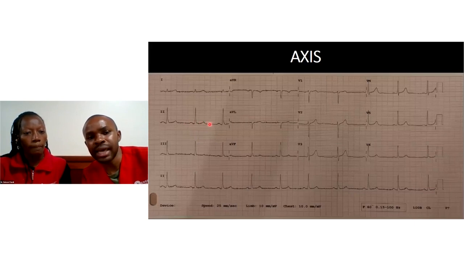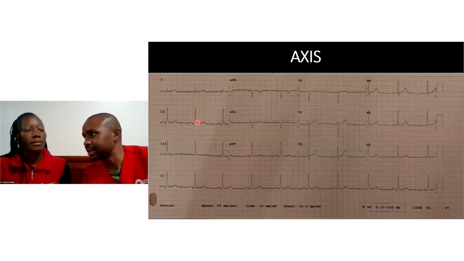And we can use that line to judge whether the wave is positive or negative. And by positive, what do we mean? It's simple, the wave is moving upwards. And what that means is that the current in that lead is moving towards that electrode.